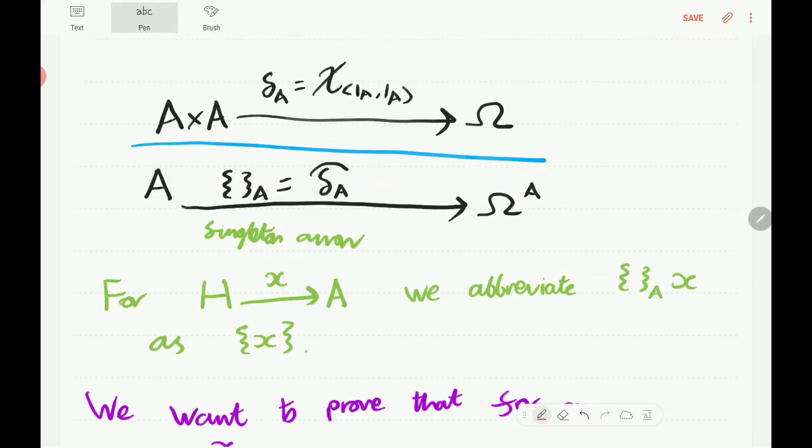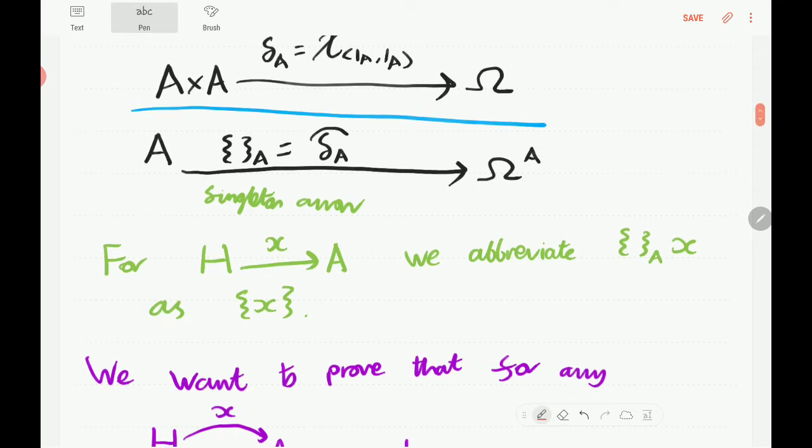I mean, if this was happening in the category of sets, but of course it's not really sending it to a set of stuff, it's sending it to an element of omega to the power of A, which corresponds to a subset. So essentially, all this is doing is converting from an element of A to a singleton set in omega to the power of A, although it's doing the topos generalization of this concept.